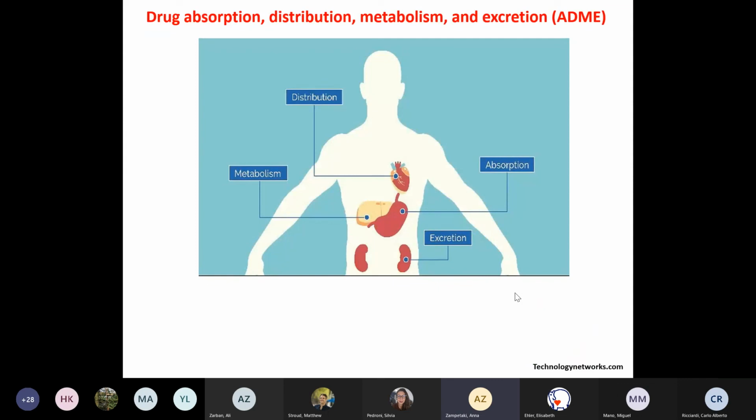Now, there's no escaping it that when you are treating a patient with a drug, apart from the intended tissue target, you also affect other organs in the body. So drug absorption, distribution, metabolism, and excretion would affect organs like the gut, the kidneys, the liver, the heart, and they can also be very sensitive to this medication.